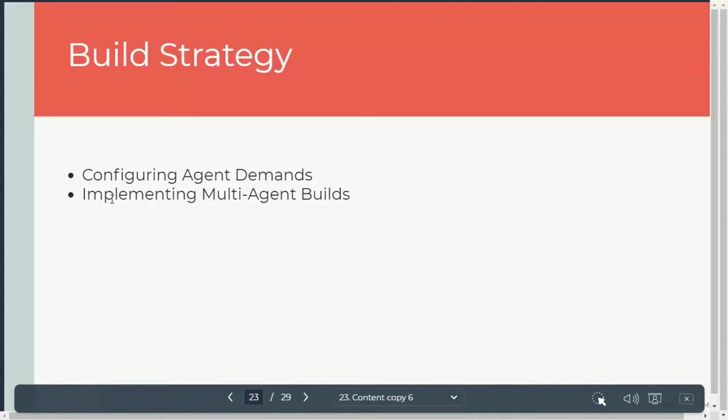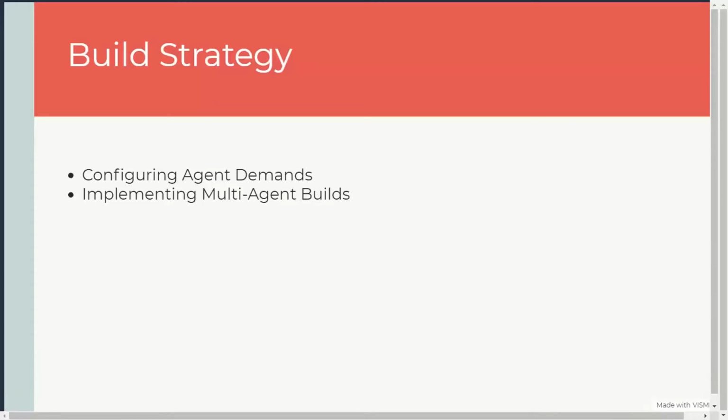Okay, and implementing multi-agent builds. For example, we are running one big project. The first task is checkout, the next is compiling the source code, then we run the unit test cases, and after that we run the source quality check using SonarQube, Checkmarx, and other tools like Black Duck.